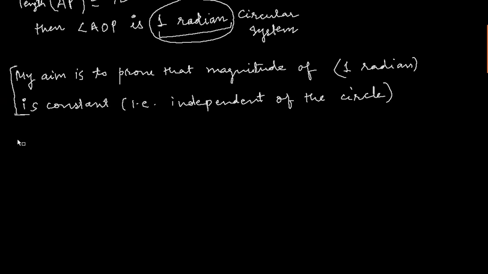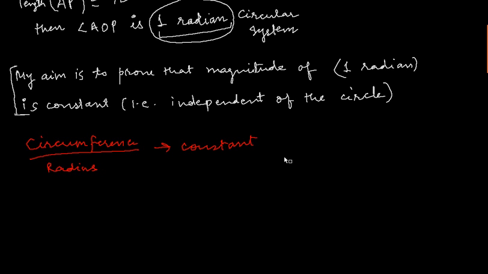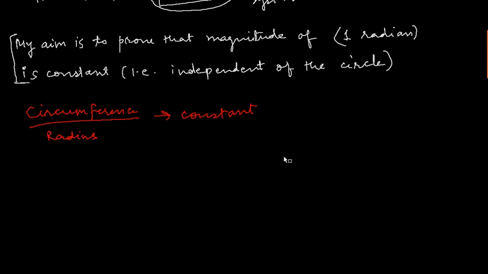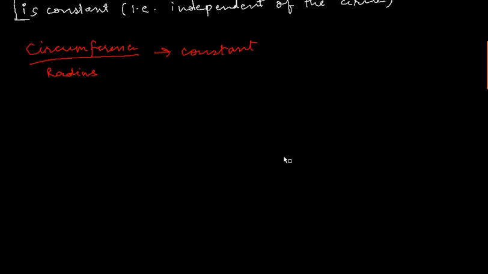The first thing I will prove is that for a circle, circumference upon radius is constant. We'll prove that circumference upon radius is a constant quantity.